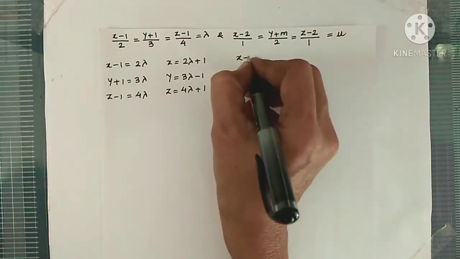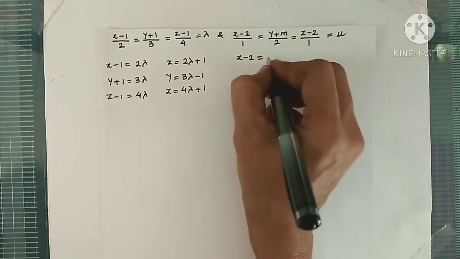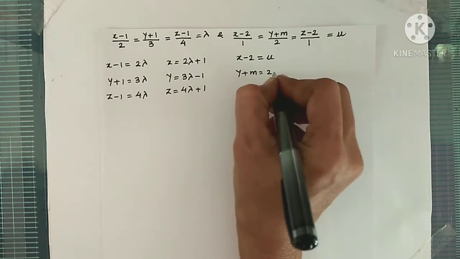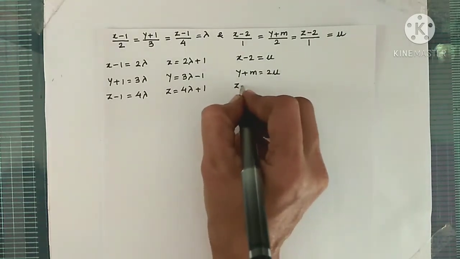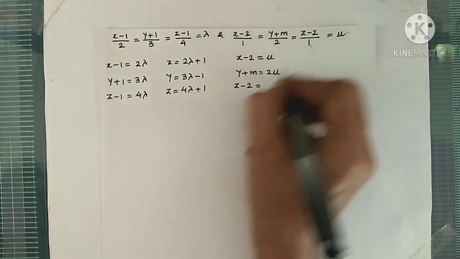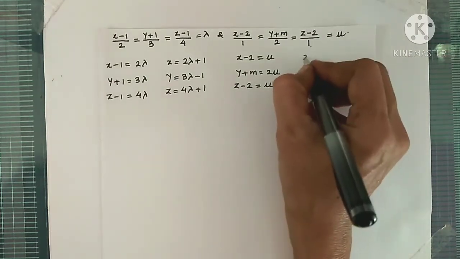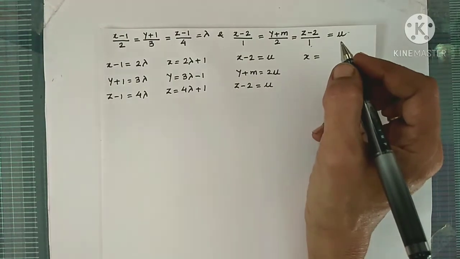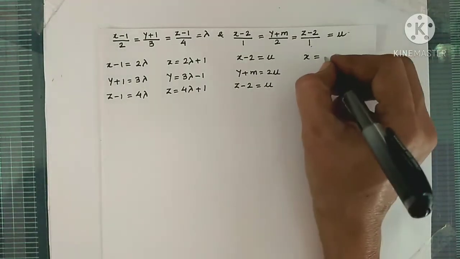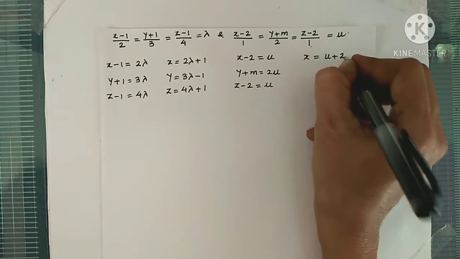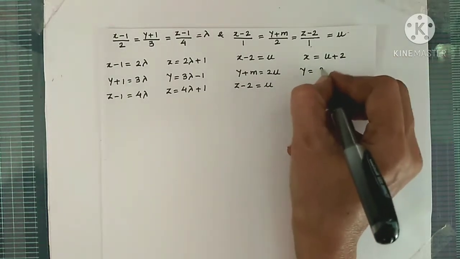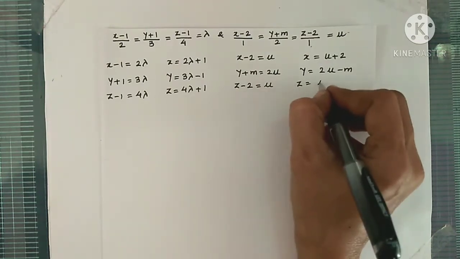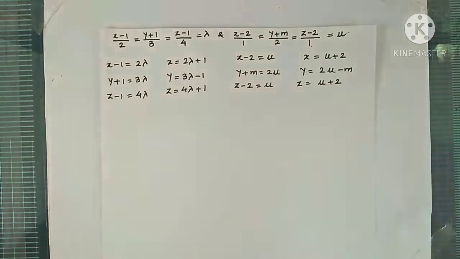Here we have x minus 2 equal to mu, y plus m equal to 2 mu, and z minus 2 equal to 1 into mu, that is mu. So coordinates of any point on the second straight line are in the form x equal to mu plus 2, y equal to 2 mu minus m, and z equal to mu plus 2.